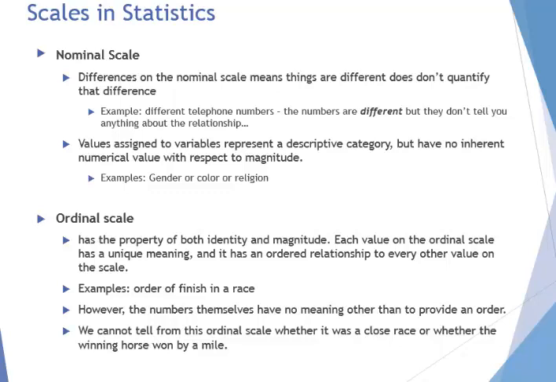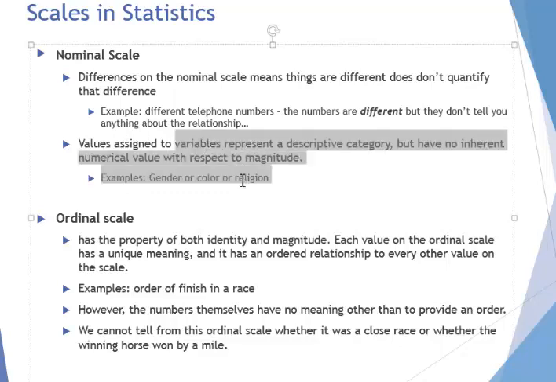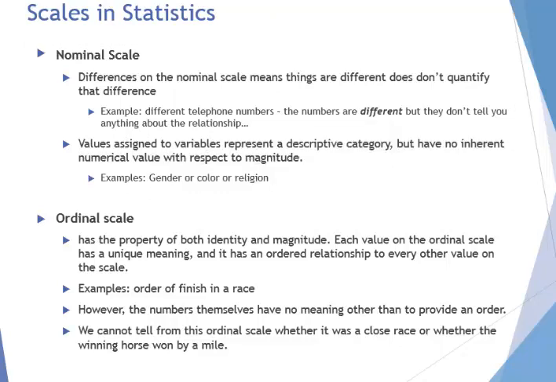I may put a list by color. Here are the red cars, and here are the green cars, and here are the black cars, but there's no numerical distinction between them. A black car is not a 5 as opposed to a red car, which is a 4. You can order them however you like. You can put red first, you can put black first, you can put green first. That's a nominal scale. It's a descriptive category, but there's no inherent numerical value.